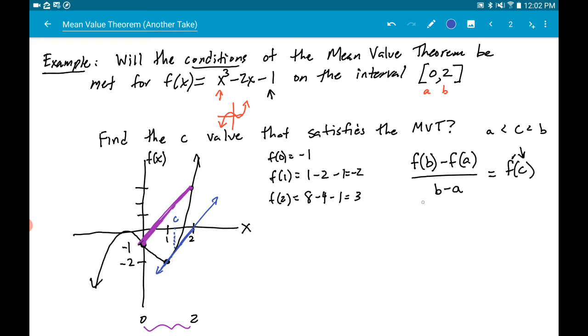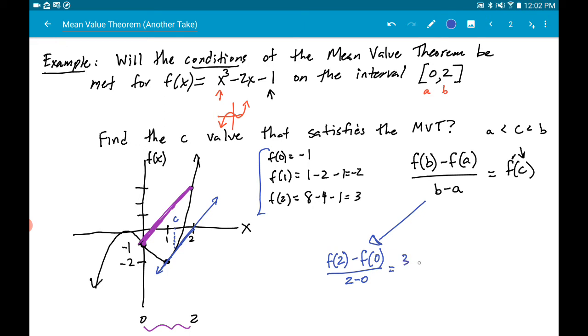So here's the work that goes along with it. F of B would be f of 2 minus f of 0 over 2 minus 0. And I got some of this work already done for me.